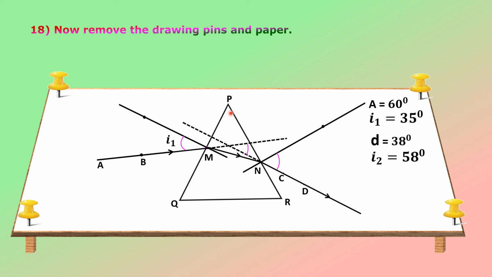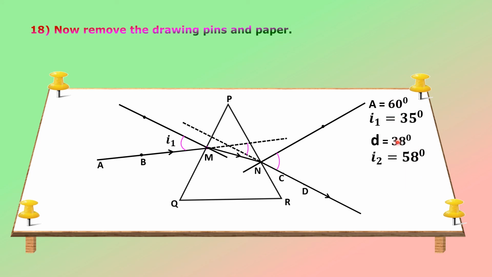While deriving the formula to find the refractive index of the prism, there is one condition, that is A plus D should be equal to I1 plus I2. It was there in the process of derivation.